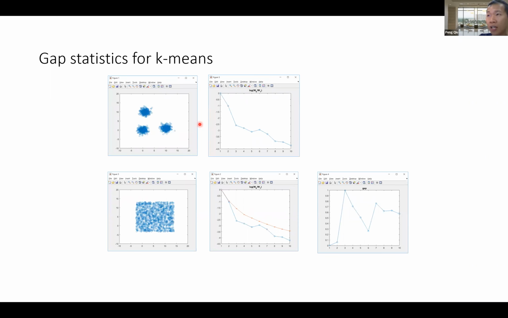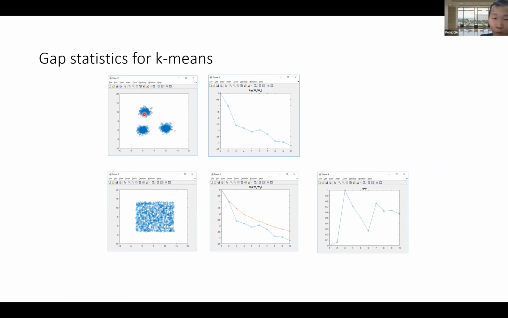So when k equals 1, everybody is in the same cluster. So this W quantity roughly describes the volume or the area of this triangle. And then when k equals 2, this W quantity represents this area plus this area. And when k equals 3, the W quantity represents the volume of these 3 clusters.